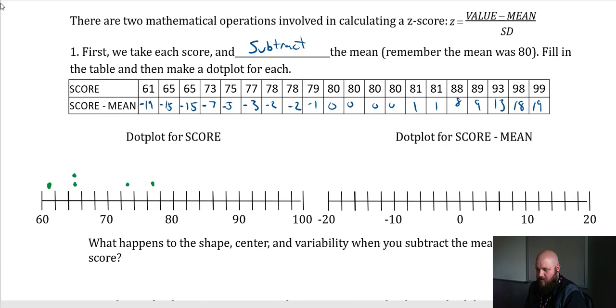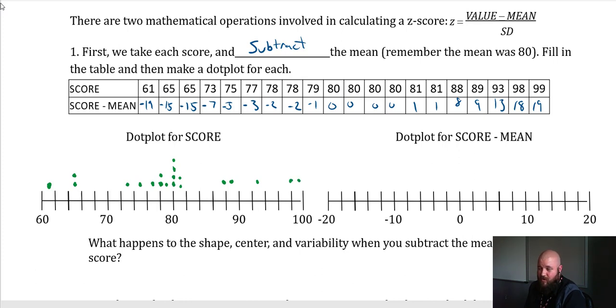There's 75 right here, there's 77. We got 78, two of them at 78. I got a 79. I got four of them at 80, two of them at 81. I got an 88, 89, 93, 98, and 99.